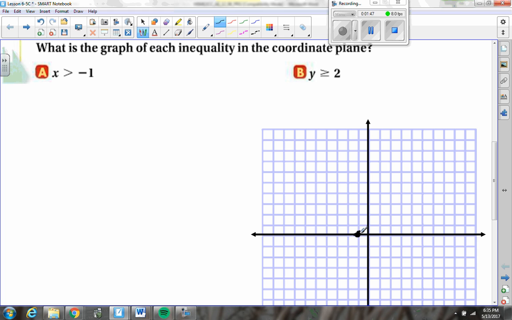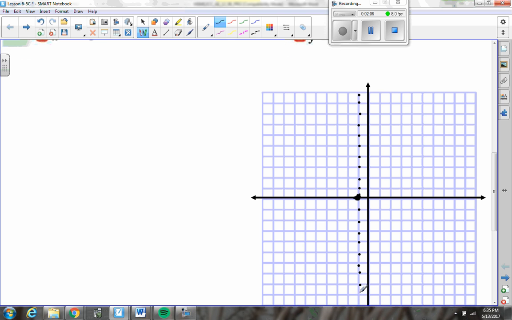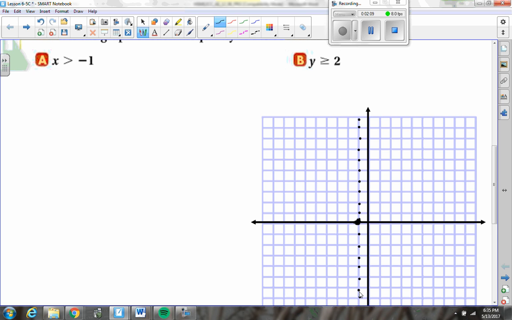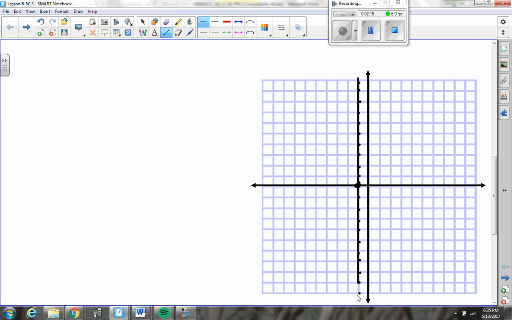All of these points, going up and going down, have an x-coordinate that is -1. That's left 1 from the 0, 0 point, right? So this line really is a vertical line.